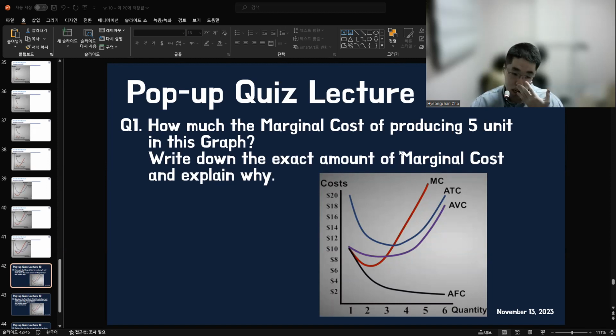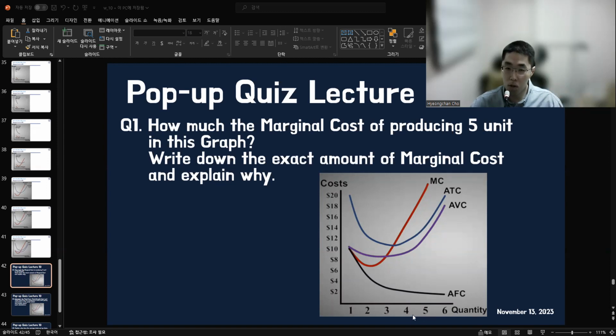So as I said, to find the actual amount of cost for each specific unit, you should start from the point of the unit. The point of the unit starts here, then go straight up to the actual curve that you must find.